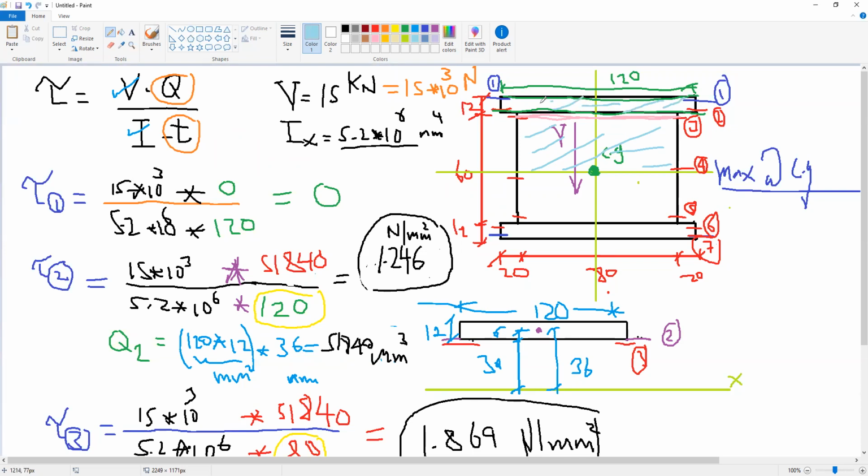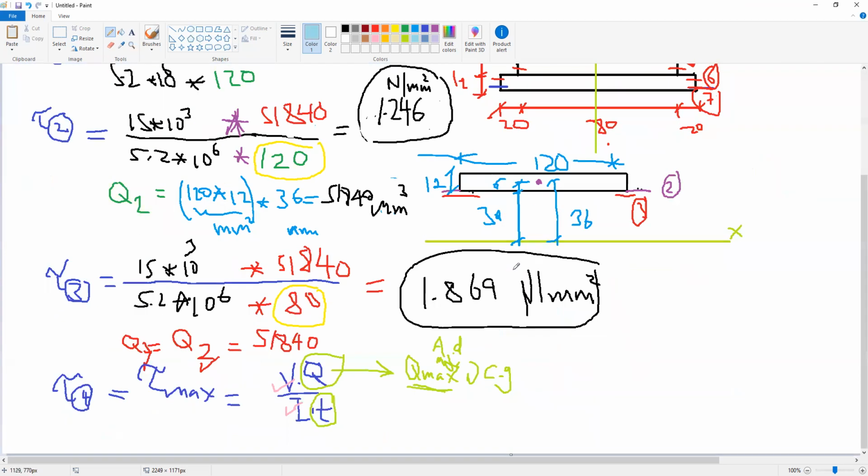So this is the maximum area we can get. That's why Q max, or tau max, will be at the centroid at section 4.